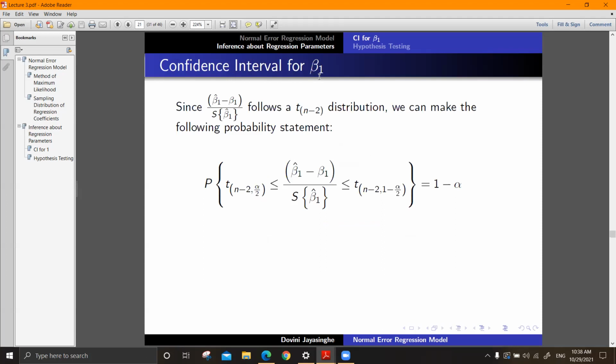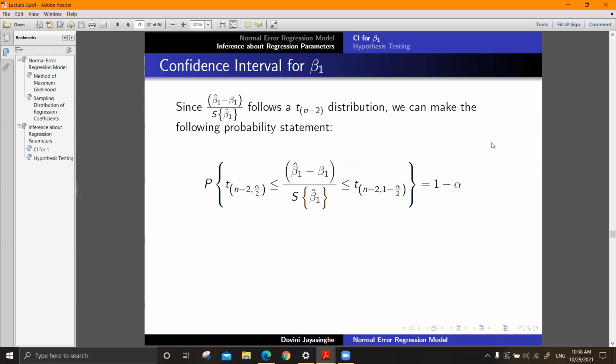Confidence interval for B1. See here, we are going to make use of these MSEs and all that. Since this quantity follows a T n minus 2 distribution, we can make the following probability statement. This is the starting point where you are asked to construct a 100 times 1 minus alpha percent confidence interval.